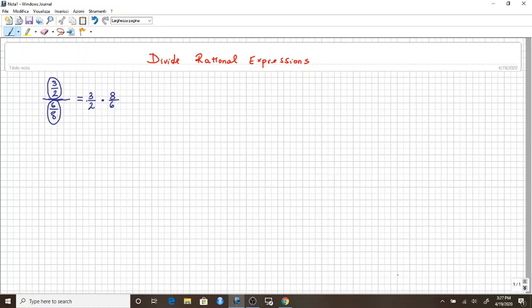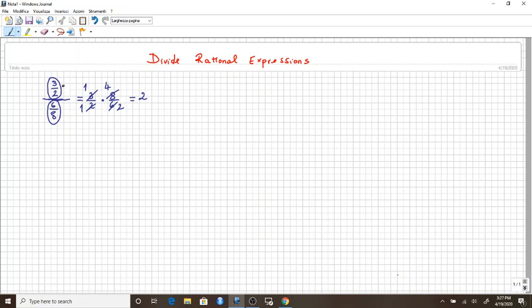So for example, 3 and 6 become 1 and 2 because they're both divisible by 3. And 8 divided by 2 is 4, and 2 divided by 2 is 1. So we end up with 4/1, which is equal to 4... Okay, so this division between fractions simplifies to 2.